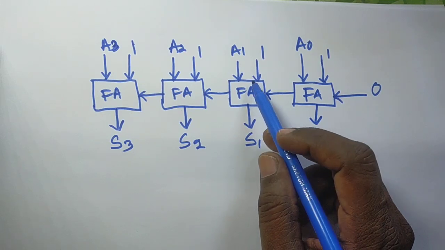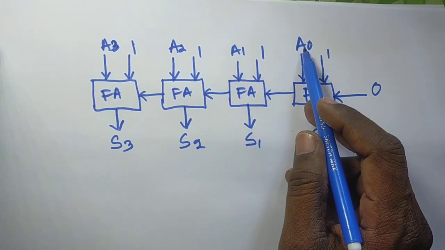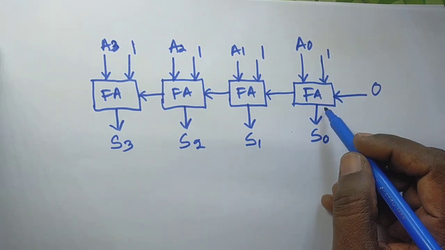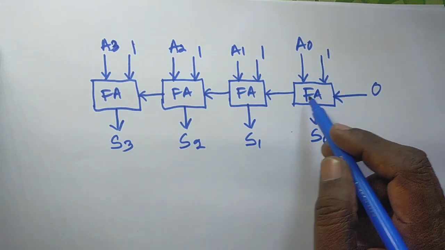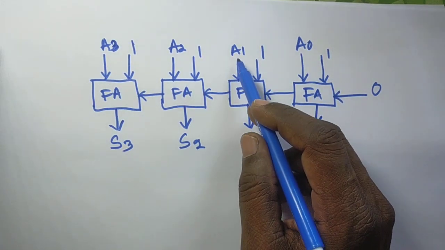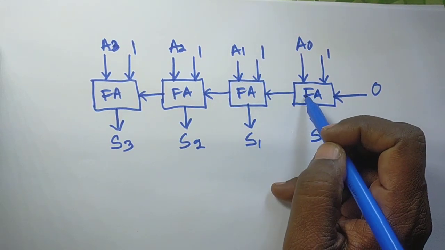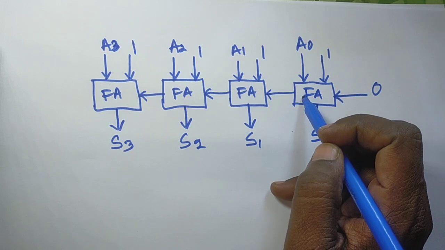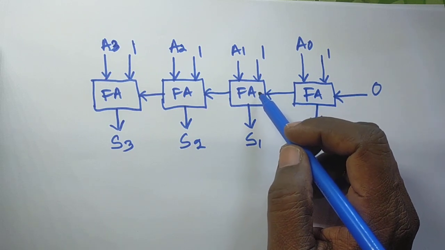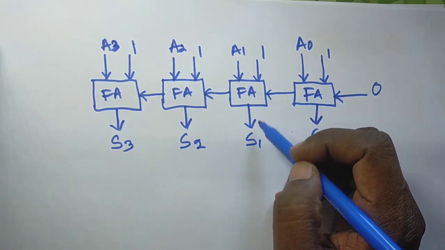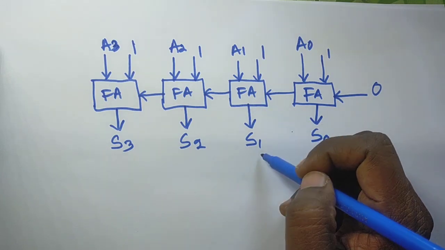Then again, A0 plus 1 add, sum is there, some carry bit passes to here. Again A1 plus 1 add, again the previous carry bit is added, and after adding the carry bit, it is transferred to the sum.